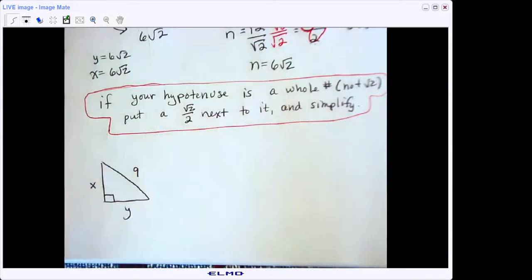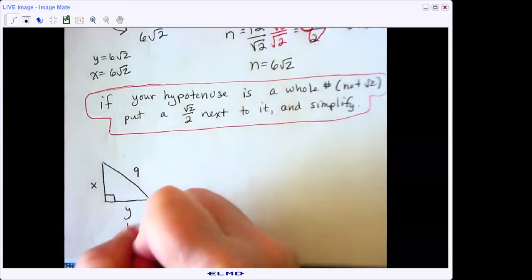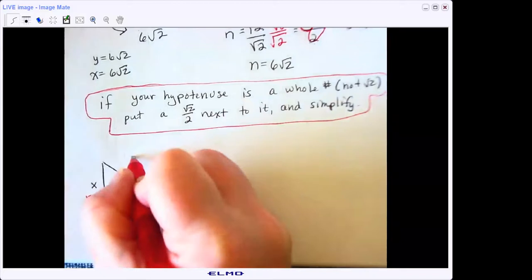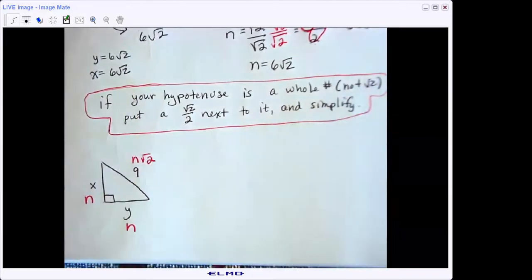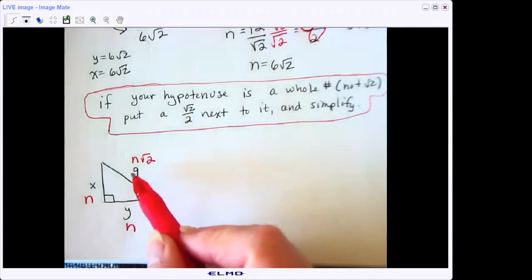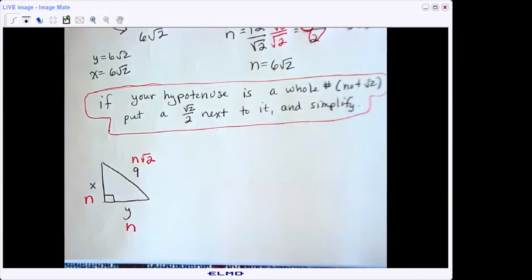So the first thing we do is label. So we have n, and n root 2. There's really only 3 applications to this whole thing. And this is the third one. If your hypotenuse is anything other than like 9 root 2, we have to apply this process.